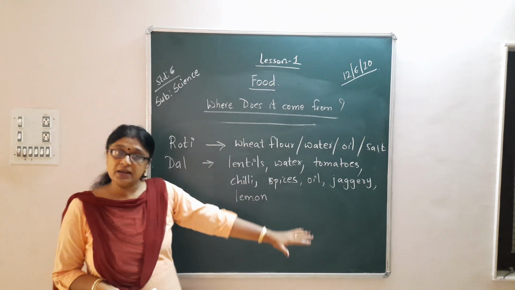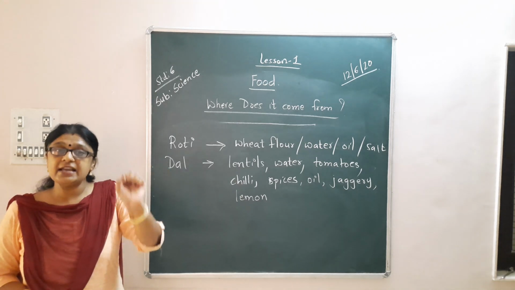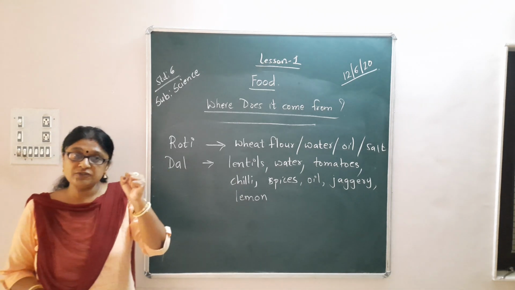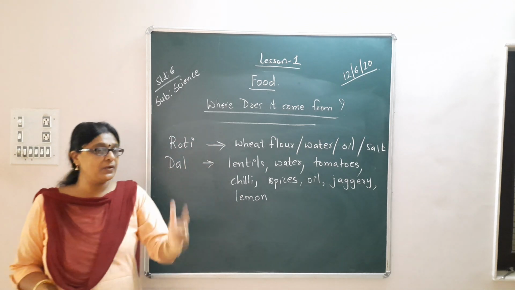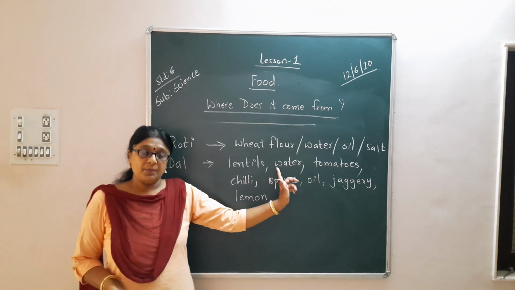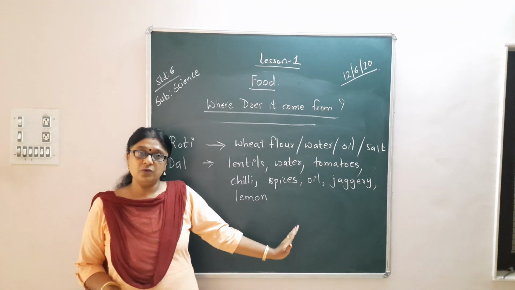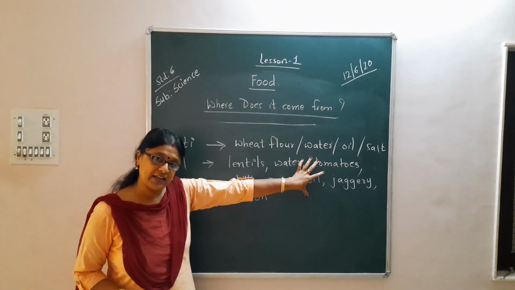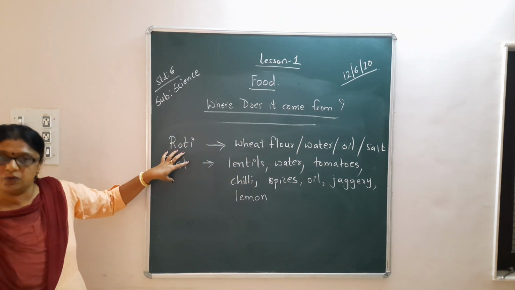So this table is giving us an idea about ingredients. You have to keep in your mind what is the meaning of ingredients. Ingredients means, I repeat again, the materials which are needed or used to prepare any food item. So these are the ingredients, and with the help of these ingredients, I am preparing this food item.